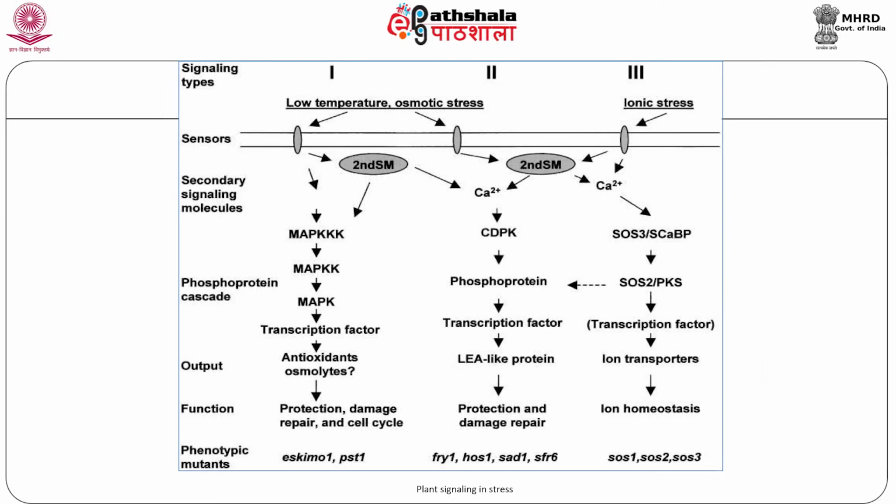Genetic approaches are an important tool for analyzing complex processes such as signal transduction during stress conditions. Conventional genetic screens based on stress injury or tolerance phenotypes have been documented.